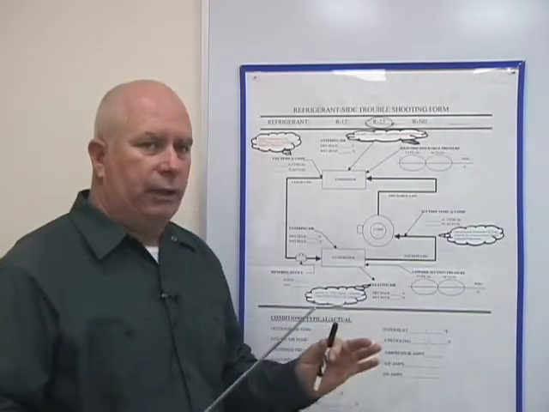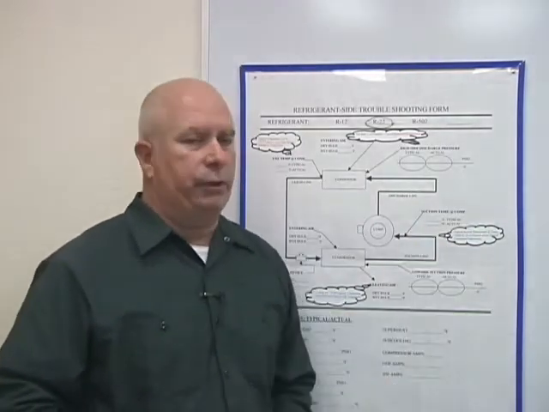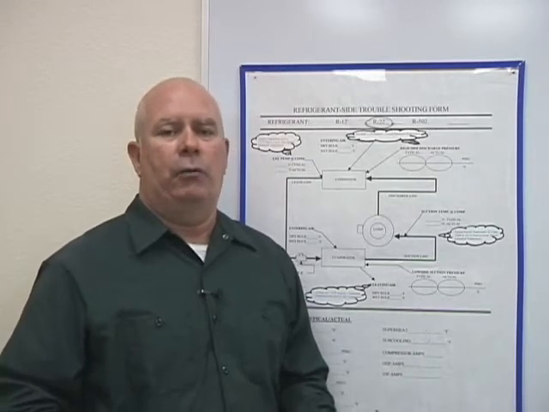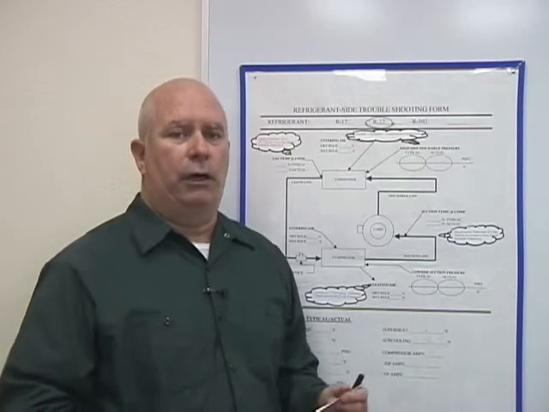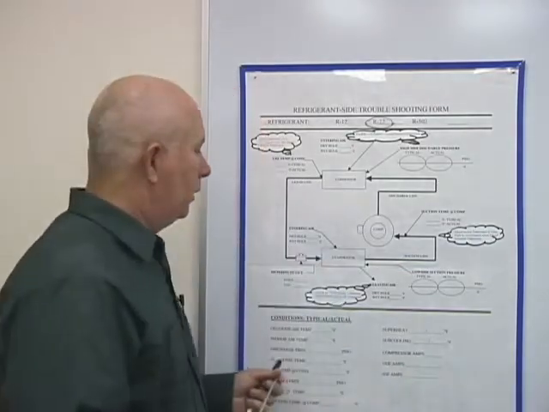So every unit is not the same, and you're going to experience that out here in the field with our units. Some are very easy to get to, some are very complicated. All right, it just depends on the manufacturer.